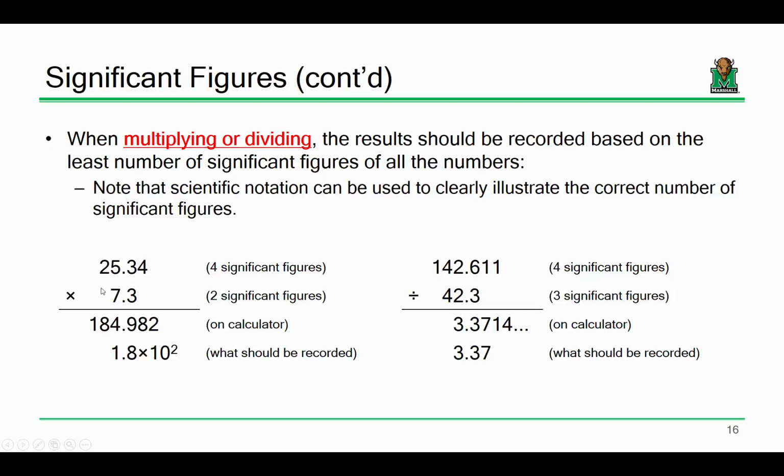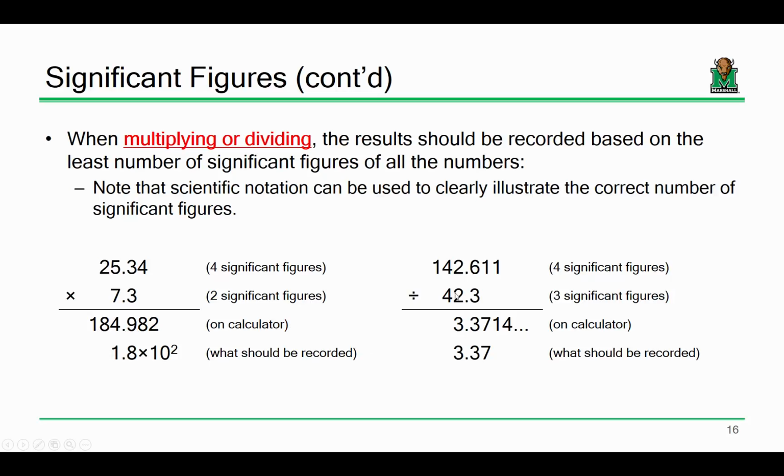Because there were only 2 significant figures in one of the numbers we're multiplying, in the end we should round off to 2 significant figures. So 184.982, we'd round that off to 1.8 times 10 to the second. You move the decimal place over 2 places, and that's how you know it's 10 to the second.